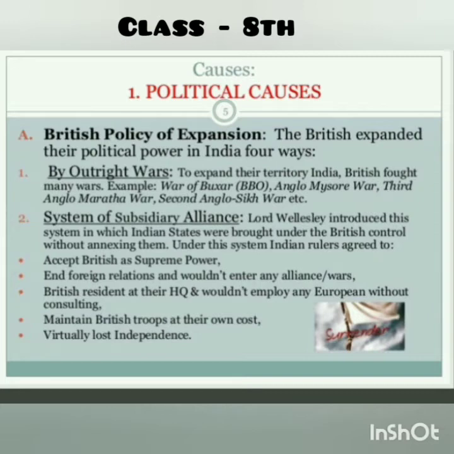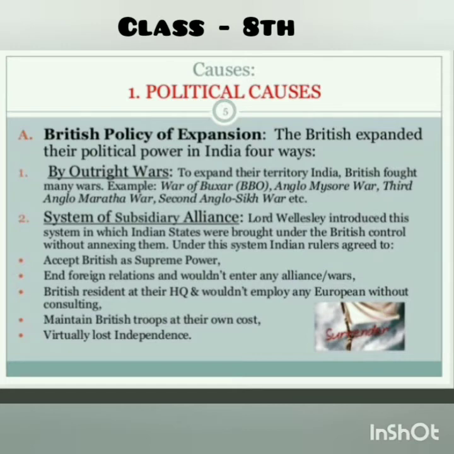Under this system, Indian rulers agreed to, means they accepted, the following demands: accept British as supreme power in foreign relations, and would not enter any alliance or wars; keep a British resident at their headquarters, and would not employ any European without consulting; maintain British troops at their own cost. They virtually lost independence.